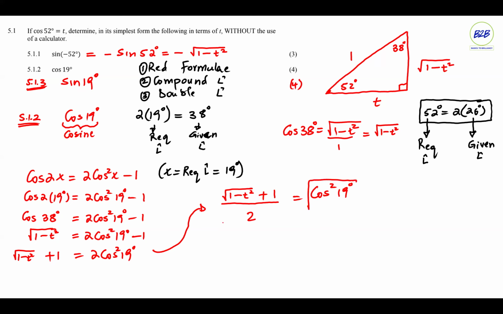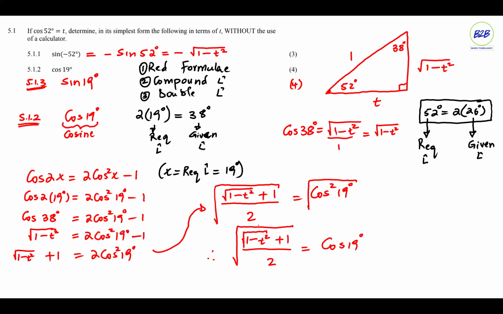Then we will have as the final answer the square root of the square root of 1 minus t squared plus 1, all divided by 2, and that gives us the cosine of 19 degrees. And that, folks, is how it goes.